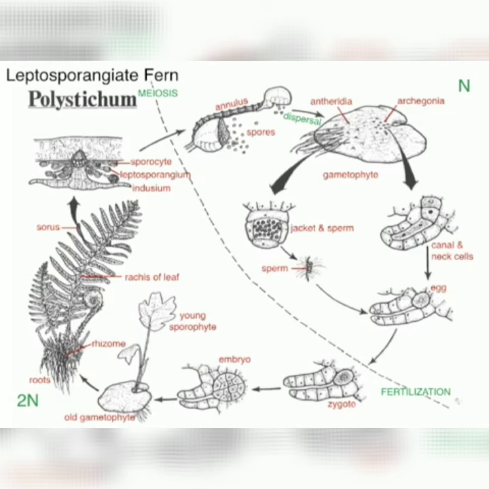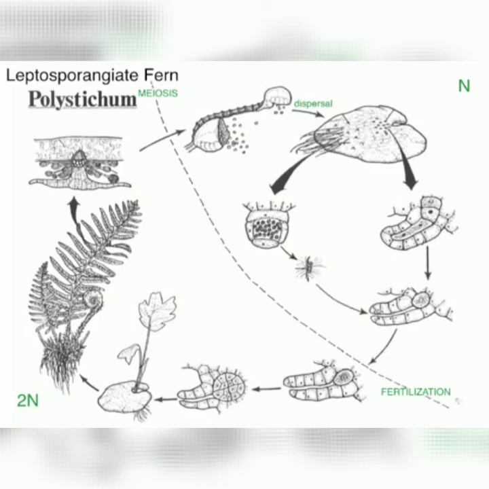Okay, we can zoom in here and look closely at an antheridium, and of course it has jacket cells, and sperm are contained within, and an archegonium, which has neck cells and canal cells. The canal cells dissolve at maturity, allowing the sperm access to the egg at the base of the archegonium.